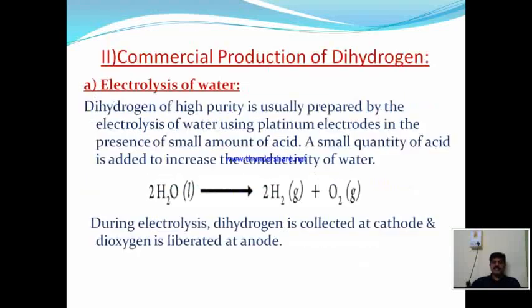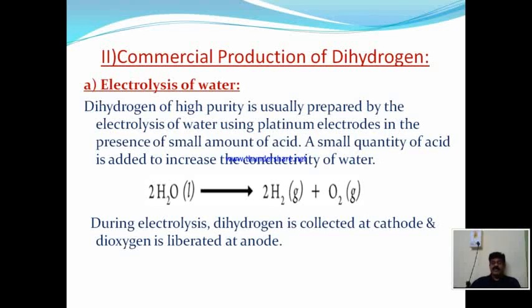Let us move towards commercial production of dihydrogen. Under that, electrolysis of water. Children, hydrogen of highest purity is manufactured by the electrolysis of water using platinum electrodes in the presence of a small amount of mineral acid like sulfuric acid.